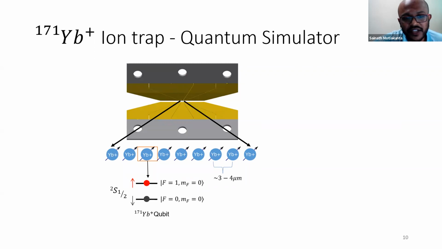Here the ground state hyperfine levels of each qubit act as a spin half particle. And these spins are separated by a distance of 3 to 4 micron. And interaction between them can be mediated by collective motional modes of the ion chain.